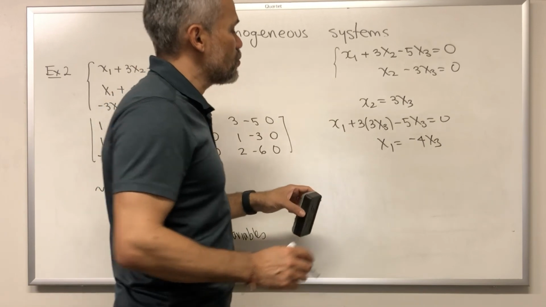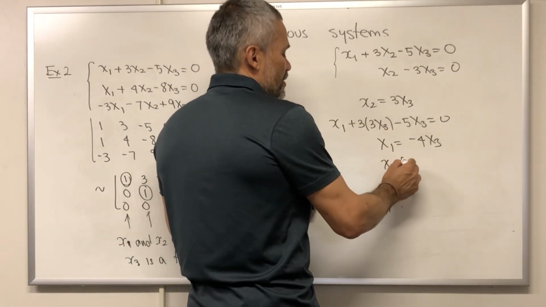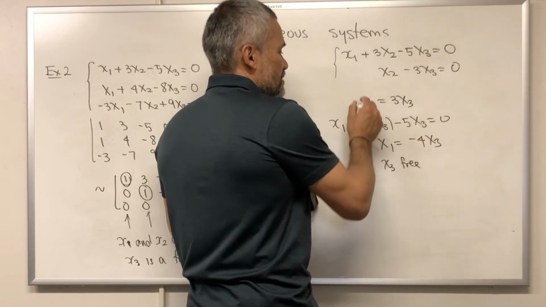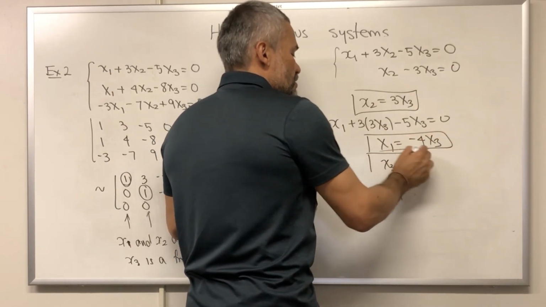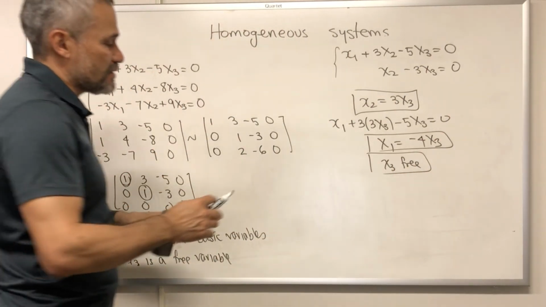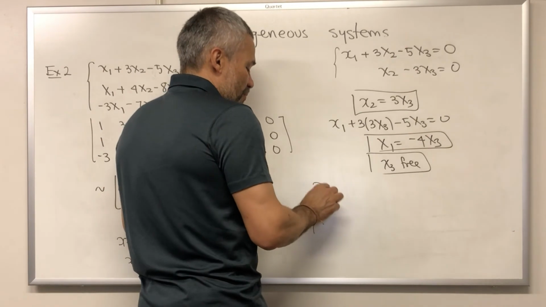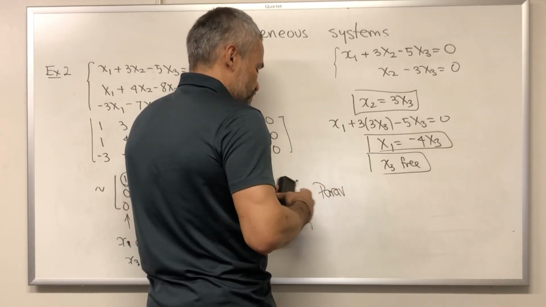Then we have the solution of the system. x3 is free, x1 is this, and x2 is this. But now the goal is to write it as a linear combination of vectors, and that is also called the parametric vector form of the solution.